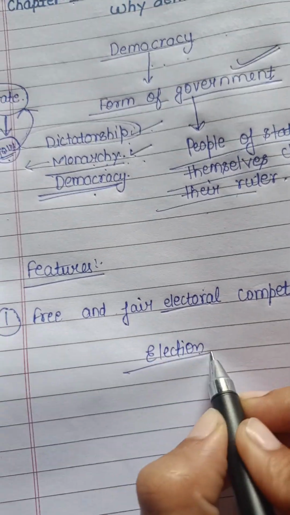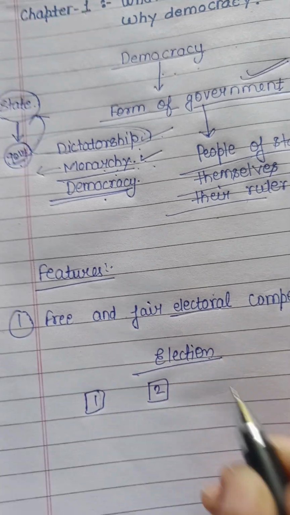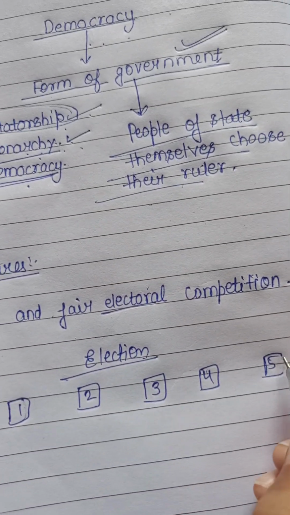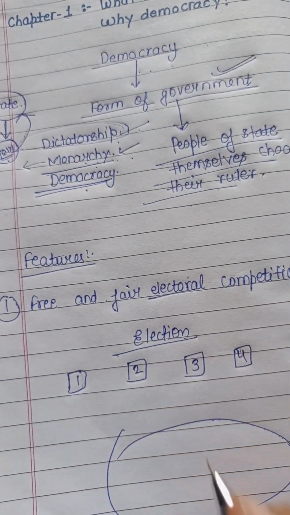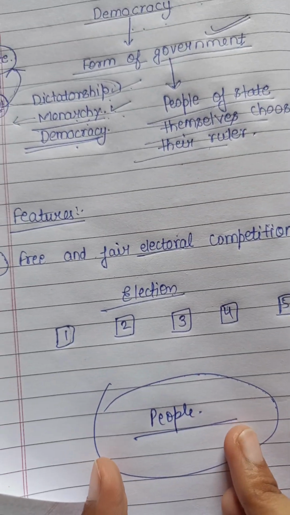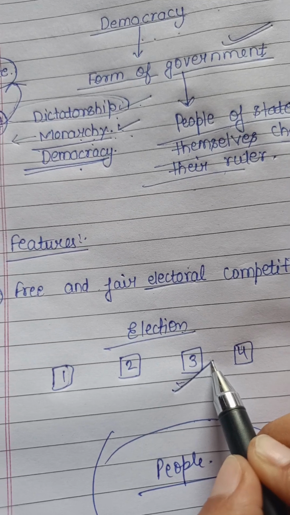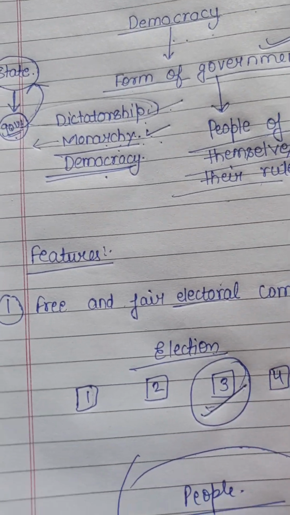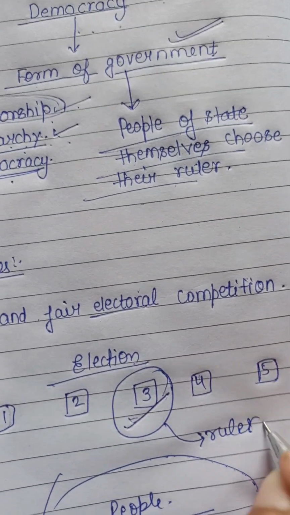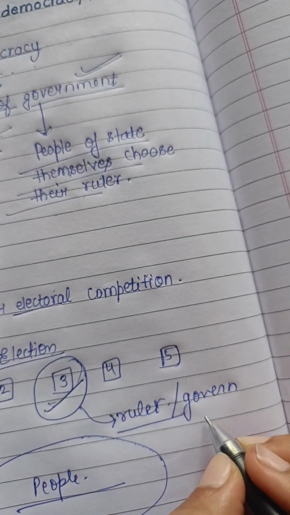In the election there were, let's say, 5 representatives: 1, 2, 3, 4, and 5. They participated in the process of election and the people said contestant 3 is suitable. So contestant 3 is now going to be the ruler, means they are going to govern over the state.